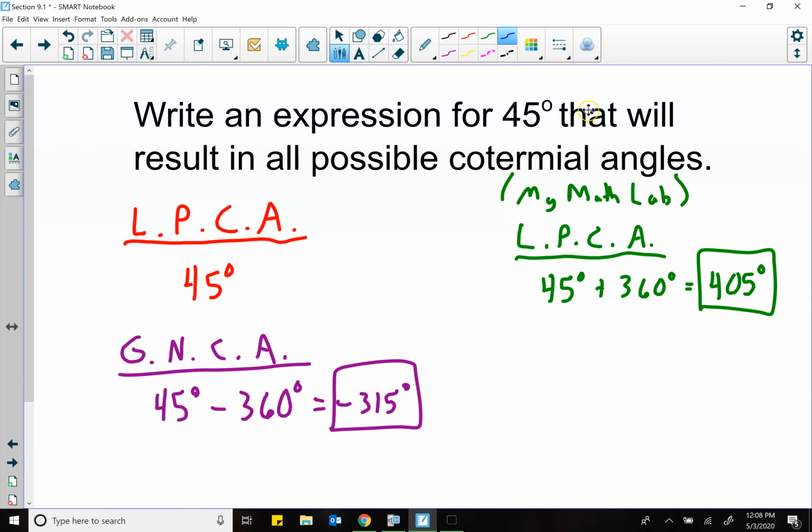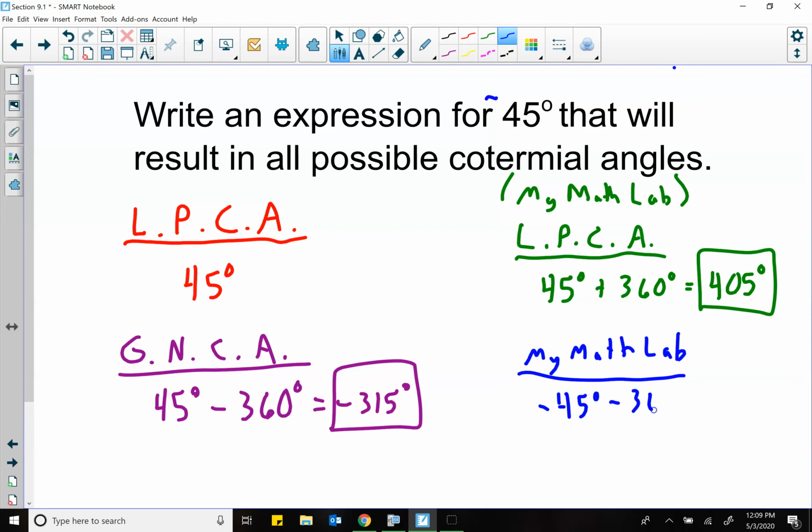And again, just like before, if they give you a negative number, say this was negative 45, then that technically is the greatest negative coterminal angle, but My Math Lab would say, okay, come in here and please subtract 360 from that. And that's what the greatest negative coterminal angle would be. And that's so incorrect.